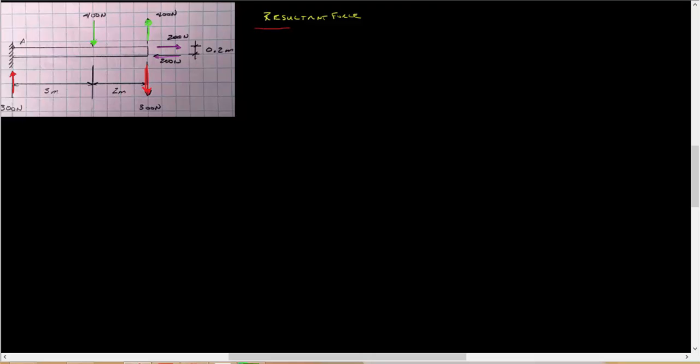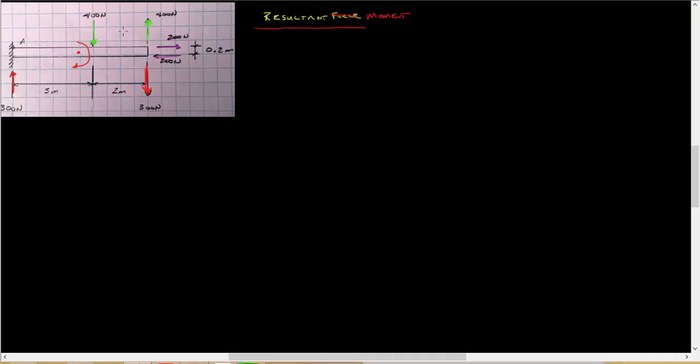So we are asked to find the resultant moment of the forces that are acting on this fixed beam. If I was to do this really fast, I could look at these two red, and I'm going to have some moment acting here, and it's going to be rotating clockwise.